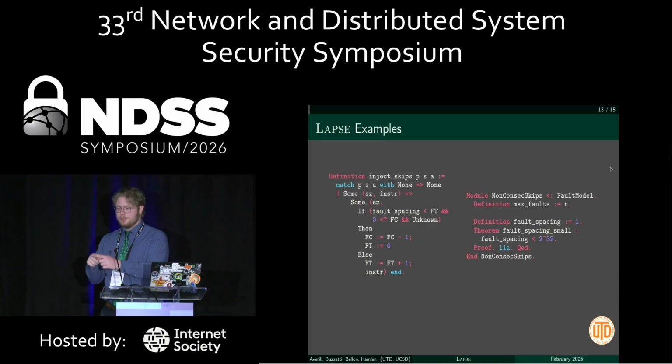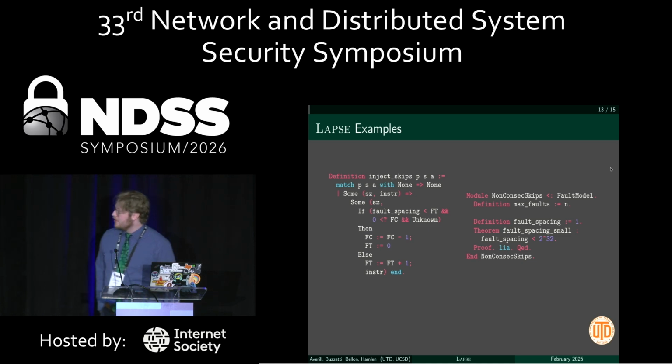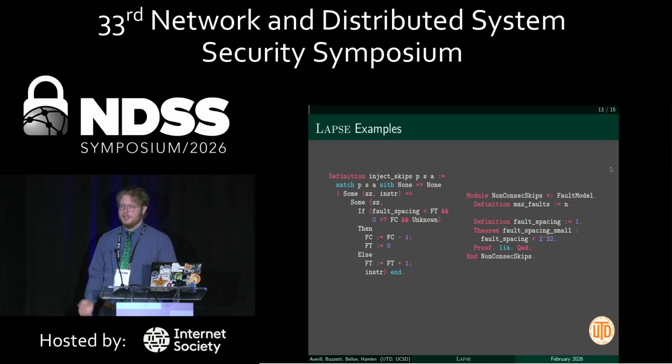So when you hit the step in the proof, it's going to split into two branches because we have this unknown construct that splits our control flow graph in two. And then we have this fault model here for non-consecutive skips, which just shows that you can have n faults and there has to be one non-faulted instruction in between them. So that represents non-consecutive skips.